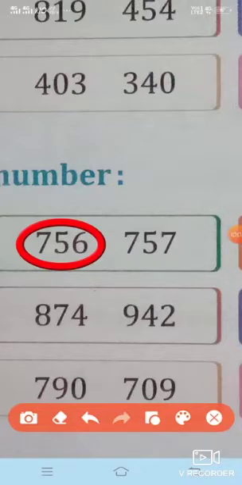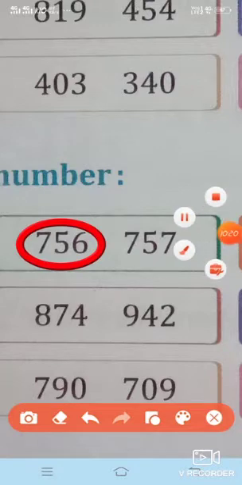Okay, here 756 is a smaller number compared to 757. So children, you will solve the rest of the questions yourself.